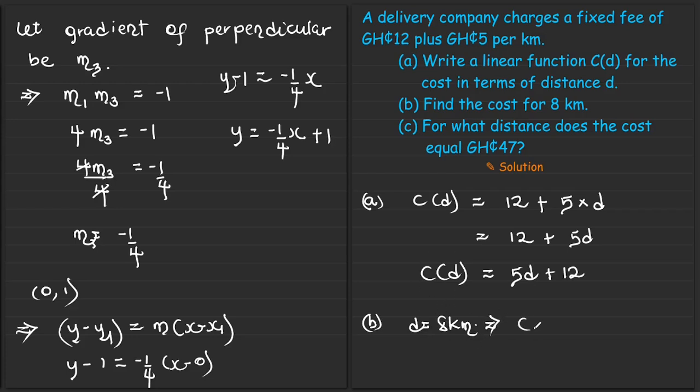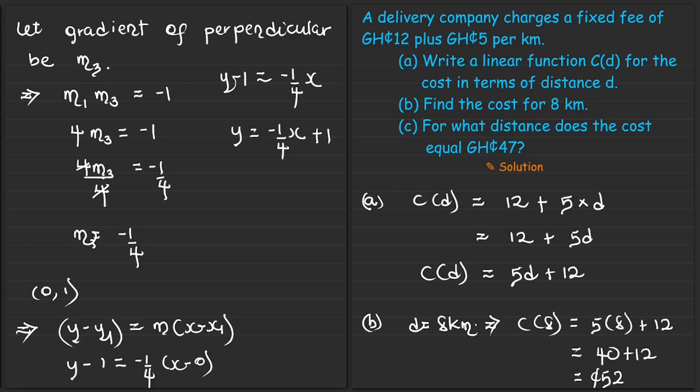Substituting, the cost at 8 kilometers is 5 times 8, plus 12. 5 times 8 gives us 40, then 40 plus 12 gives us 52. So the cost after traveling 8 kilometers is 52 cedis.